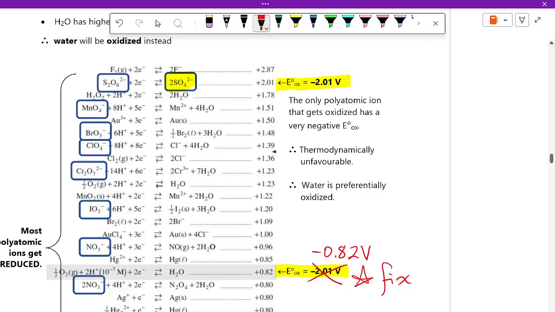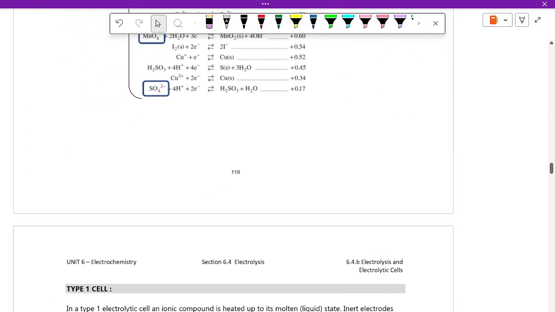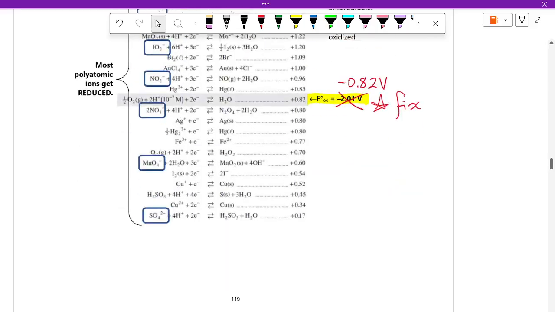So water would be preferentially oxidized. You good? Okay. So mostly they don't get oxidized. Sulfate could get oxidized, but if water's around, it won't. Which is one of the reasons why it's a really good ion to use.